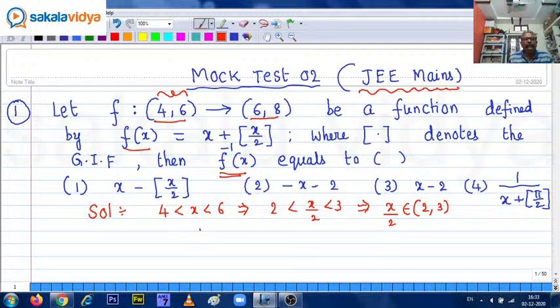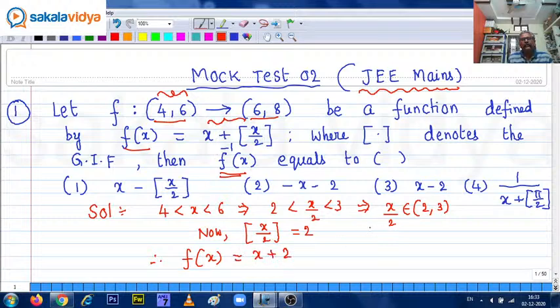Okay, now this integral part of x by 2 becomes 2 in this interval. So therefore the function f of x becomes x plus 2. Now we need to find the inverse.